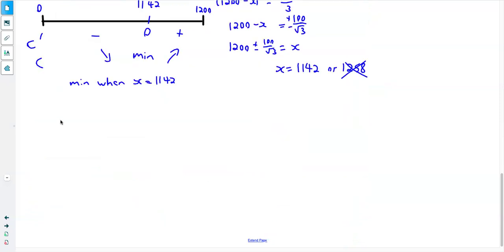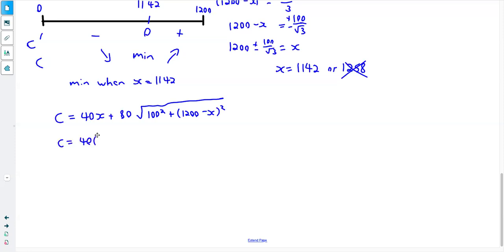So if we look back at our cost equation, our cost was 40 times x plus 80 times our square root of 100 squared plus (1,200 minus x) squared. So we'll substitute our values in.